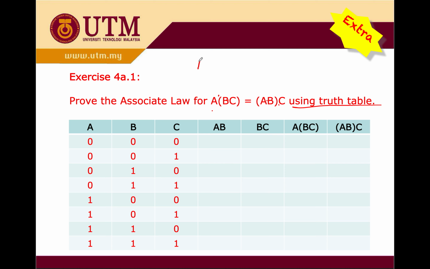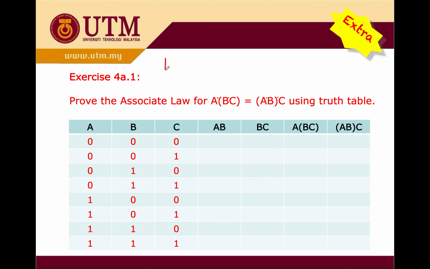So what happens if you have A dot B, C, whether it is similar to here or not. So you can also come out with your circuit. You can see over here you have 2 AND gates. Similarly over here you have 2 AND gates.